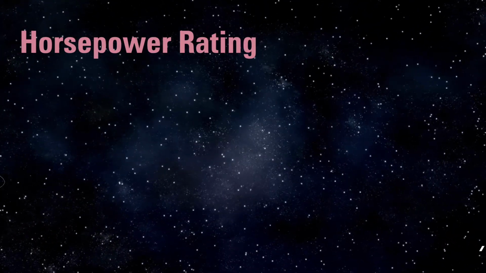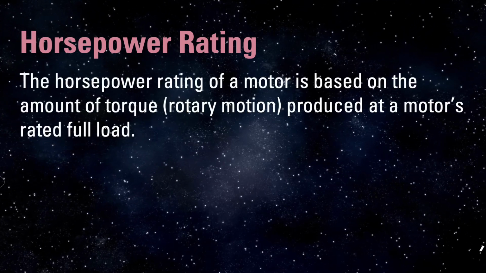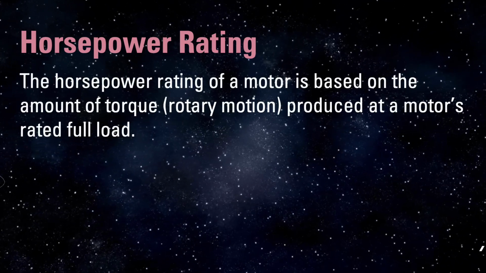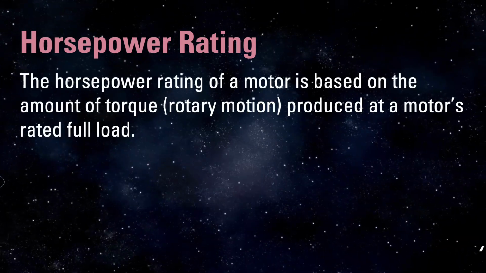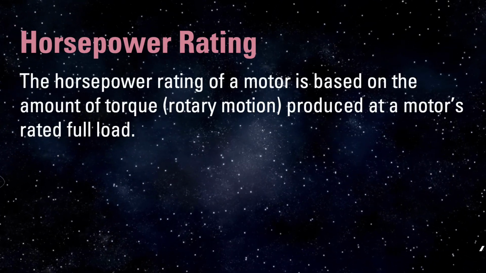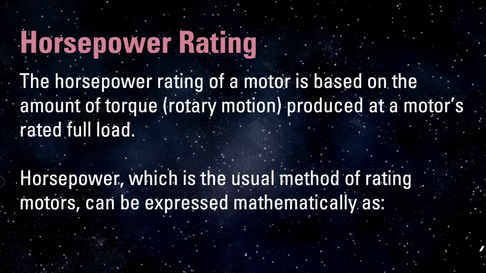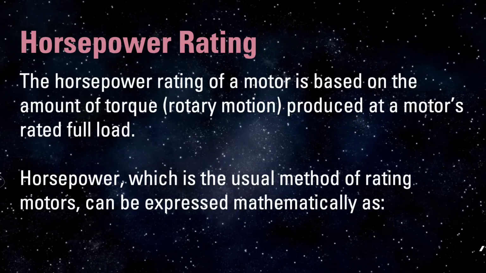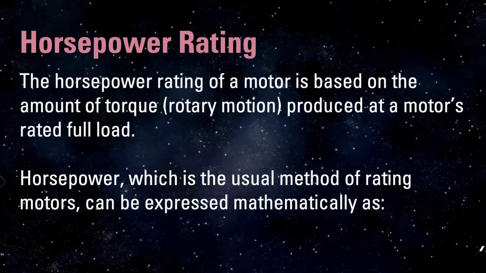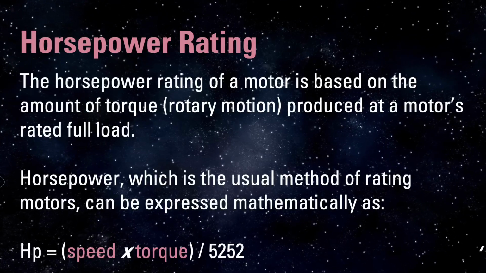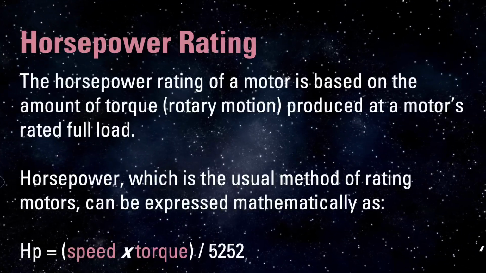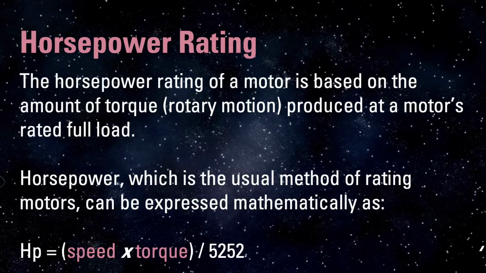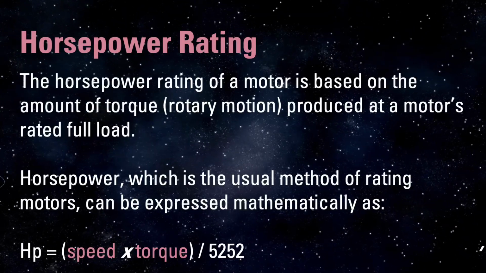Horsepower rating. The horsepower rating of a motor is based on the amount of torque or rotary motion produced at a motor's rated full load. Horsepower, which is the usual method of rating motors, can be expressed mathematically as HP equals speed times torque divided by 5,252.